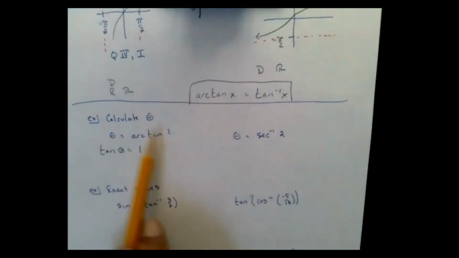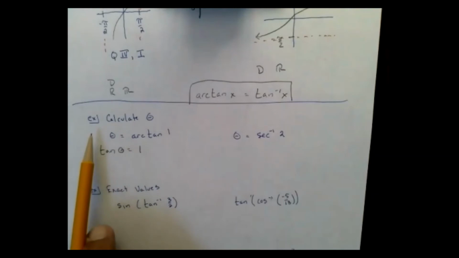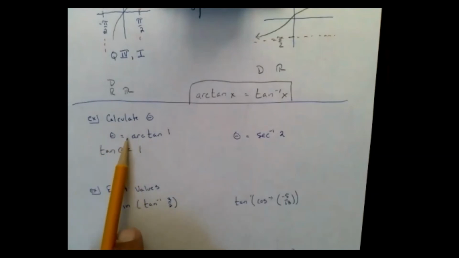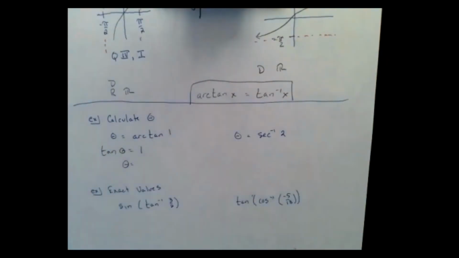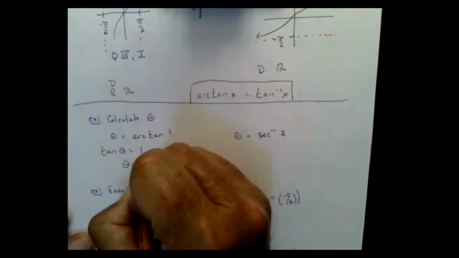I basically bring it over. I take the tangent of this side and the tangent of this side, and the tangent cancels out the arctan. Tangent of theta equals 1. I know that theta. That theta is 45 degrees.